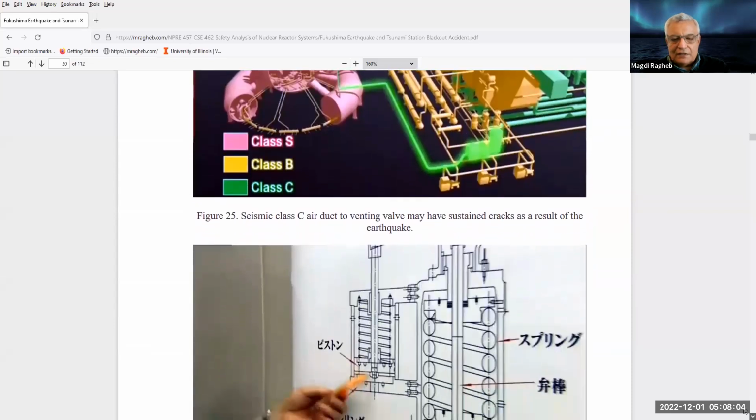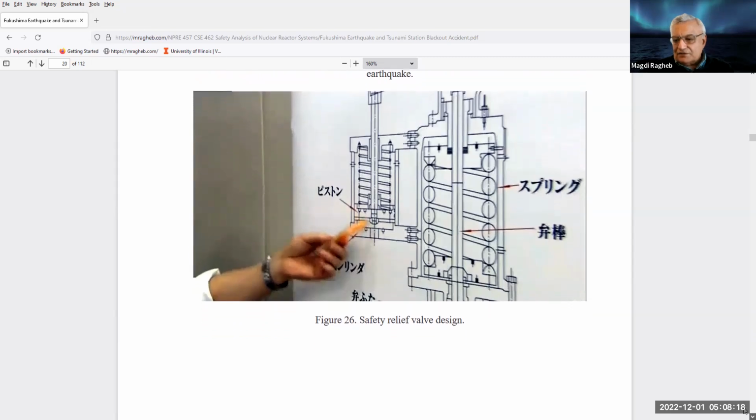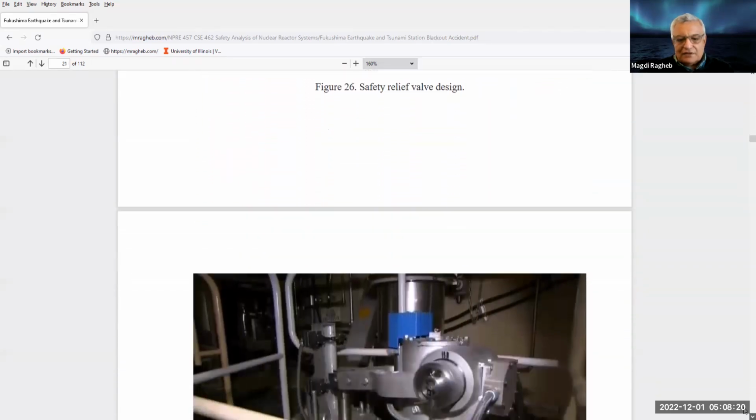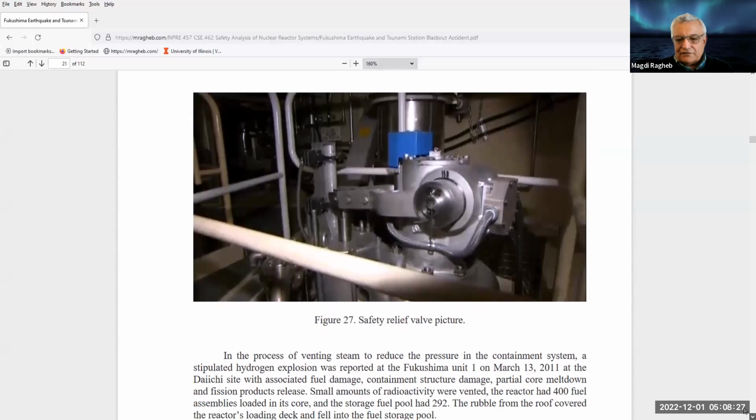and the electrical plant. This is a description of that safety relief valve design, and those springs here simply could not overcome the pressure built up by steam in the containment structure and failed to operate. And this is how those valves really look like as a picture.